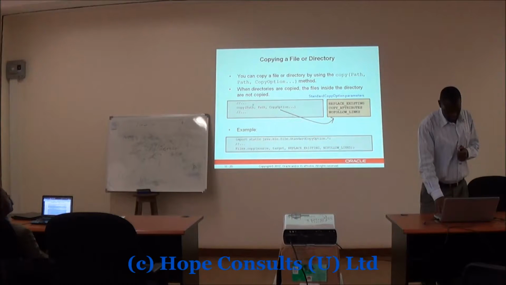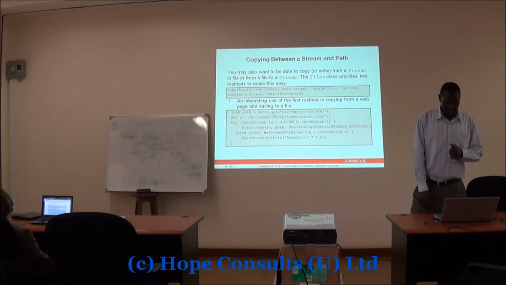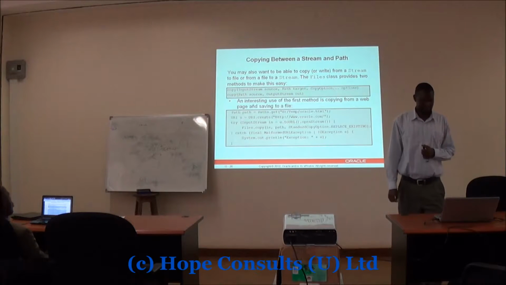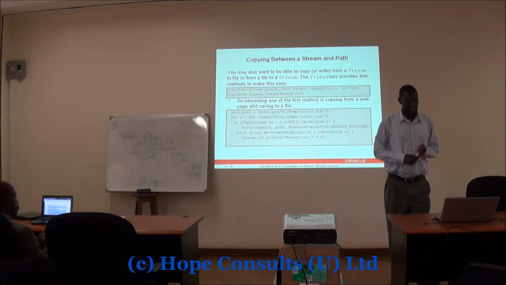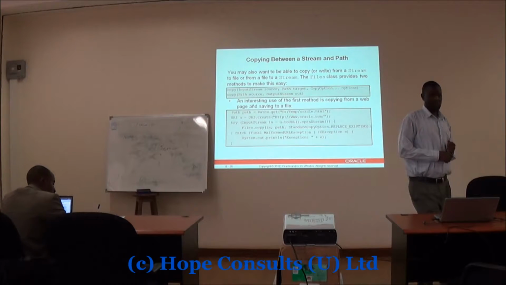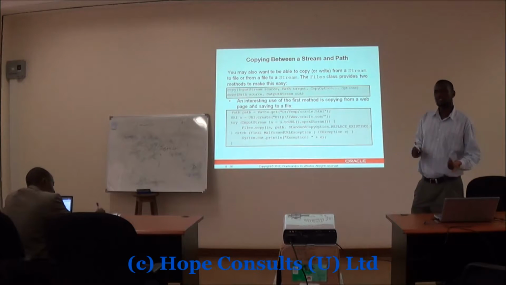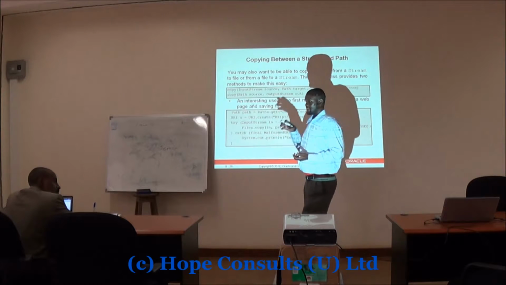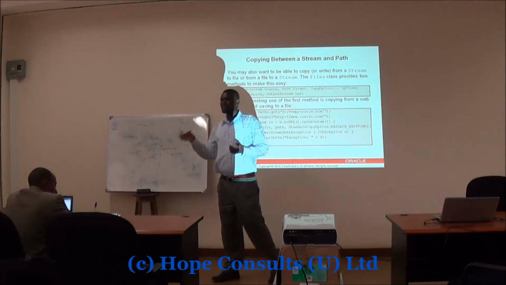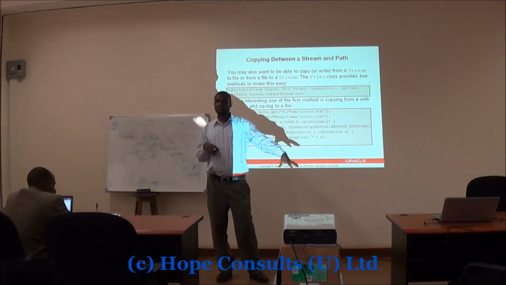So after that, then you can copy between streams. You can copy files between two streams. You can copy from an input stream to an output stream. That means you first read the file to memory, then write it up to disk.